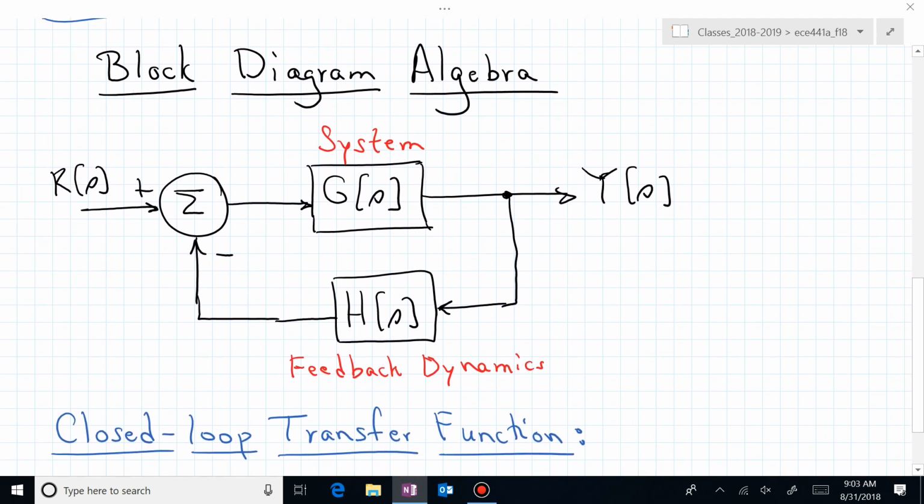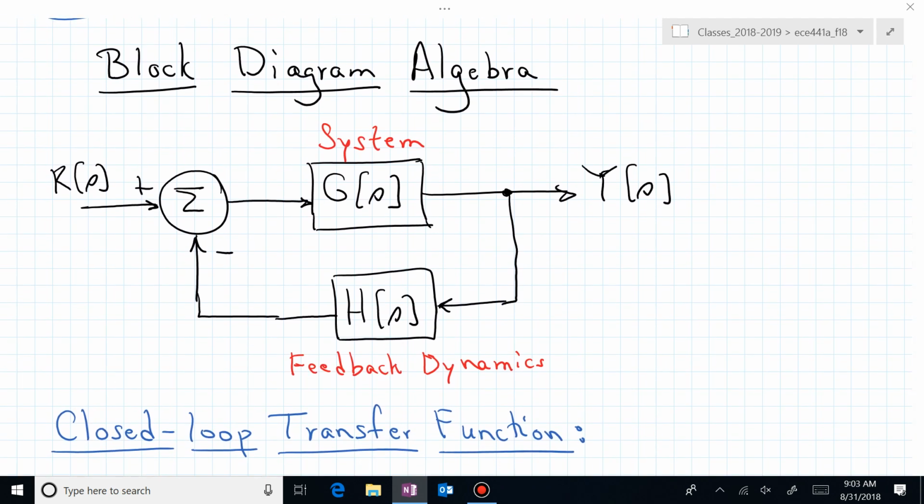Here is a classical block diagram configuration with our system in the forward path and some additional dynamics in the feedback path. Just to limber up your fingers and your brain, I want you to derive the transfer function between the reference input R and the output Y. I'm looking for this ratio.